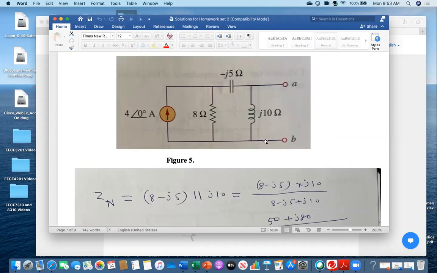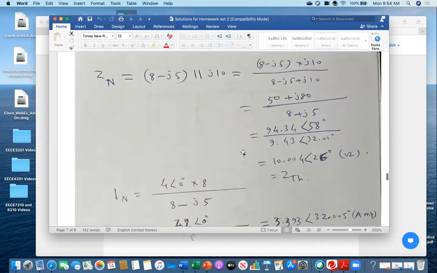Only these two points will be visible, meaning that whatever the remaining thing, that is in parallel. Whatever the series-parallel combination, that does not matter. At least the remaining components are in parallel with this one. That is the key. So that's how you have to start from here. That's why these two in series and then parallel with this one. I think now everybody understands.